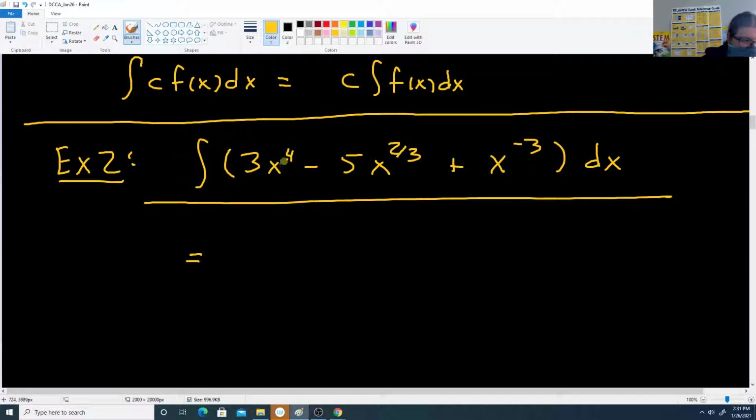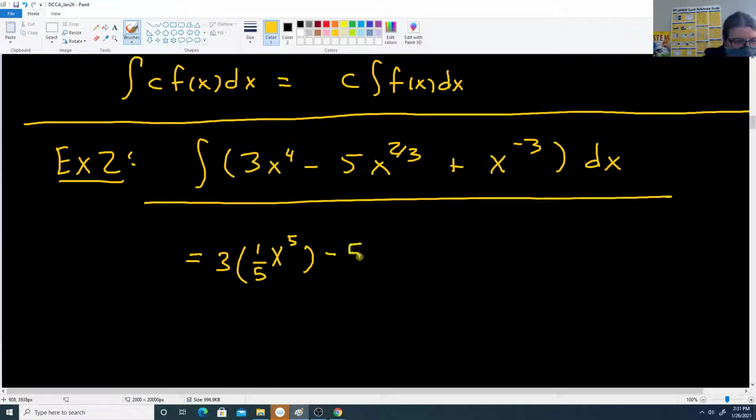I need something that when I take its derivative becomes x to the 4th. So I need an x to the 5th by the power rule. When the 5 comes down, it needs to cancel with a 1 over 5. And then this is all multiplied out front by a 3. So when I take the derivative, the 5 comes down, 5 over 5 is 1, 5 minus 1 is 4, so this whole term becomes x to the 4th, and then it gets multiplied by 3.